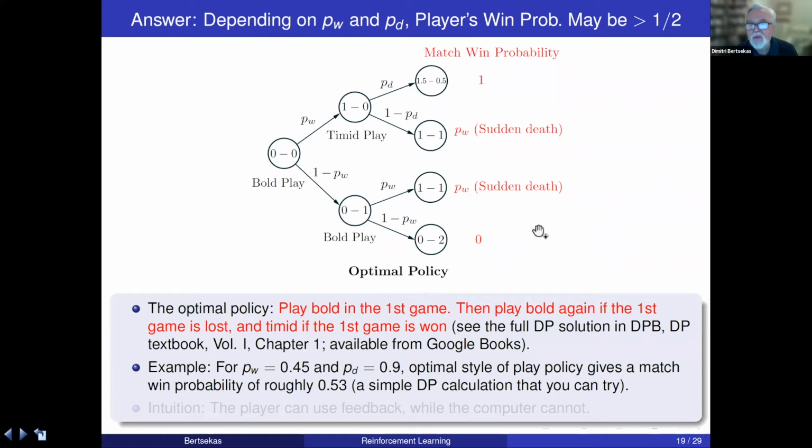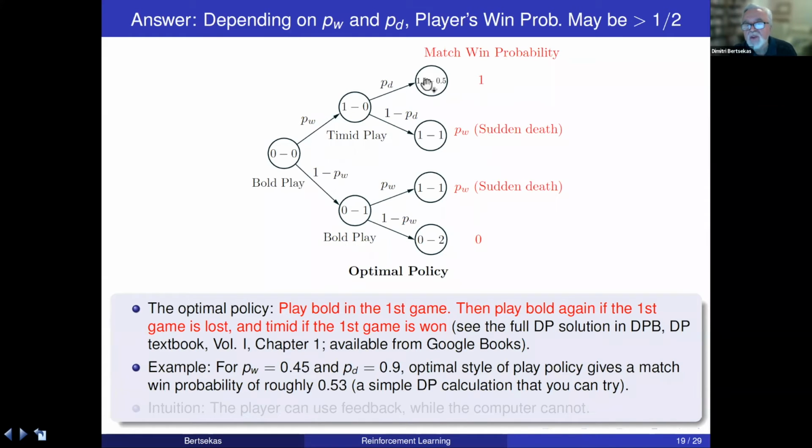Is it possible that the overall probability of winning the match is better than 50%? Well, how do you calculate this probability of winning the match? You have to draw all sequences of events. Here you win and then draw, and then you win the match with probability 1.